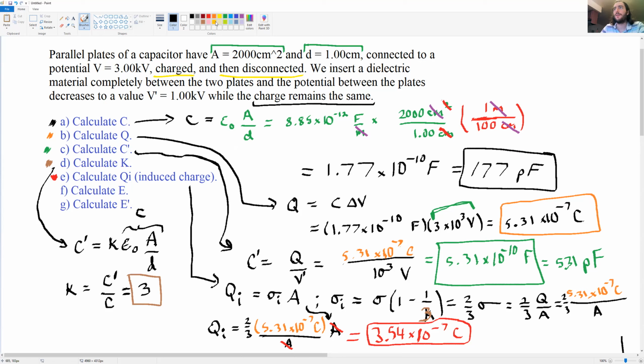So to get the electric field, let's go ahead and maybe use purple now. We're running out of colors here. So in purple, the electric field is sigma over epsilon naught.